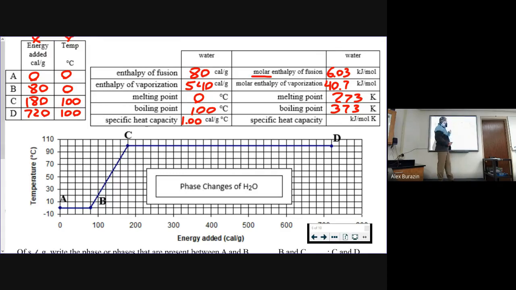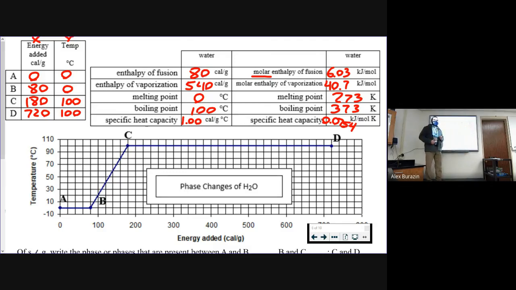Okay. Did you convert it from calories to kilojoules and grams per mole? Did you do that part at least? What'd you get? Seven, 5, 4, if I'm not mistaken.